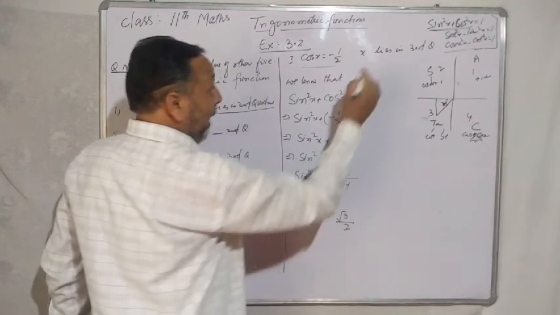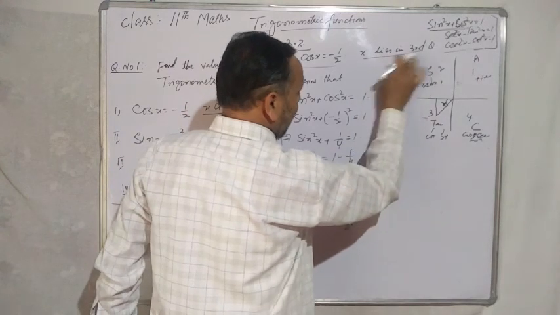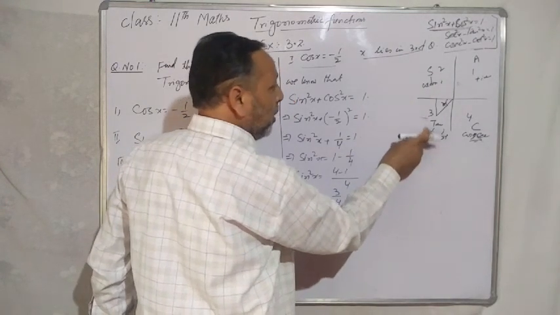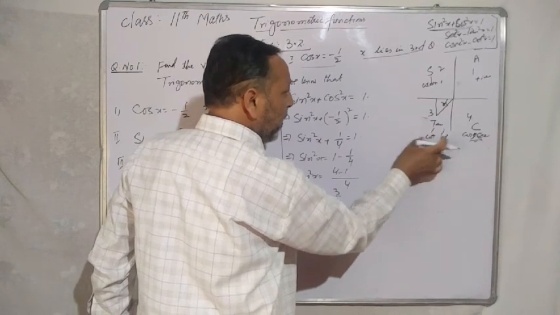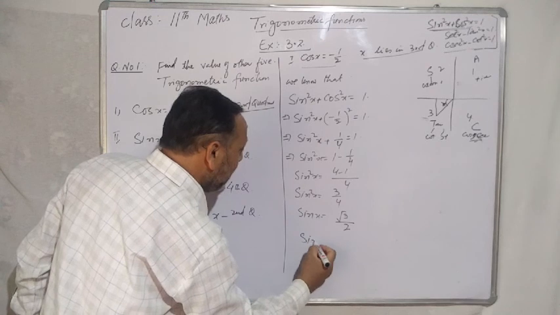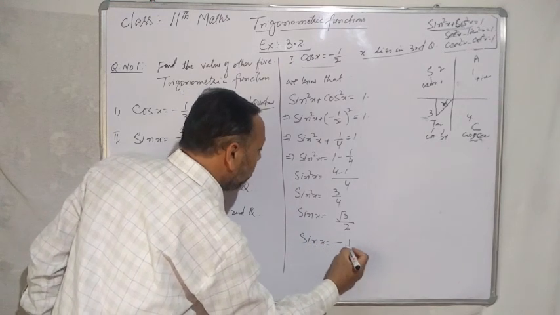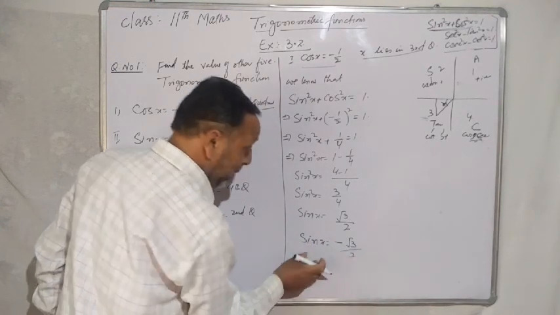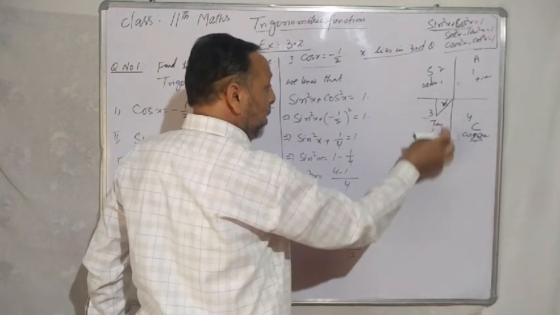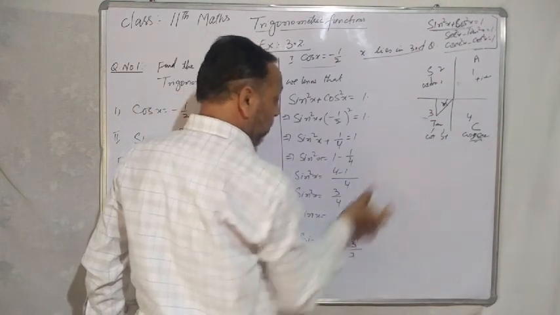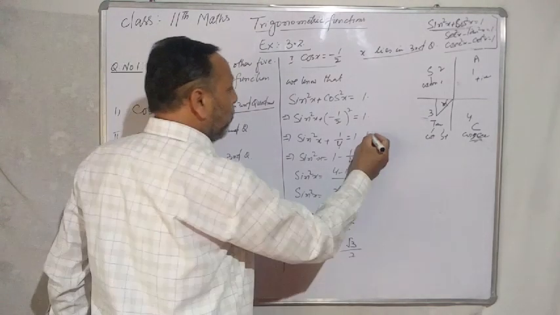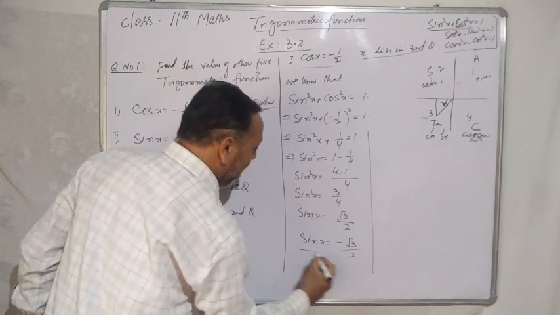But x lies in the third quadrant. And in the third quadrant, only tan function and cot function are positive. Others are negative. So therefore, we will write here sine x is equal to minus root 3 by 2, because it lies in the third quadrant. And in third quadrant, only tan and cot will be positive, the rest will be negative. So this is sin x, minus root 3 by 2.